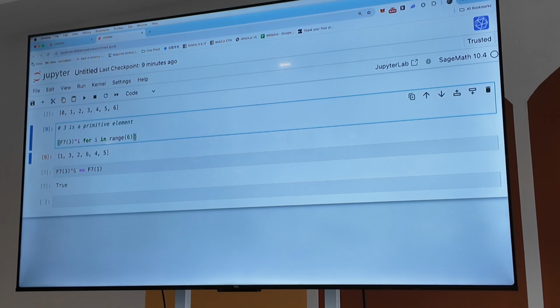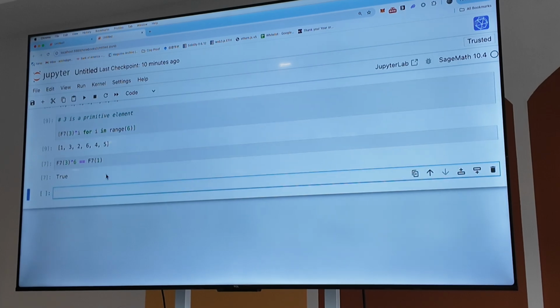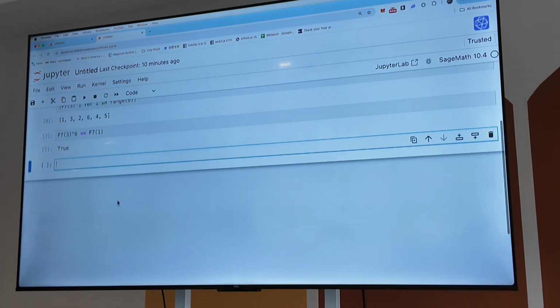Because it is a cyclic group, we can start from anywhere. Just repeatedly multiply any element by 3, and then we can get all the elements. Okay, that's a prime field.